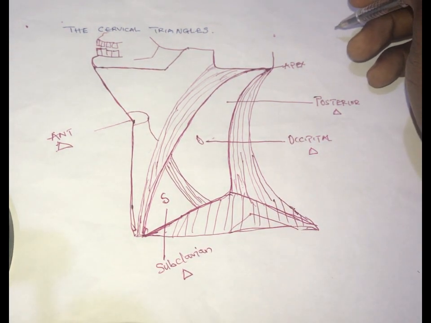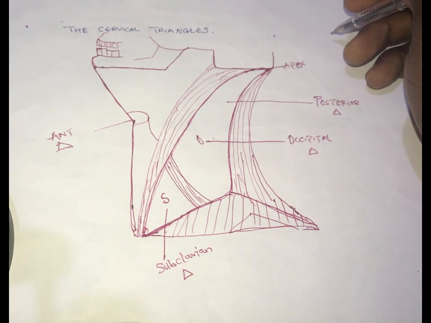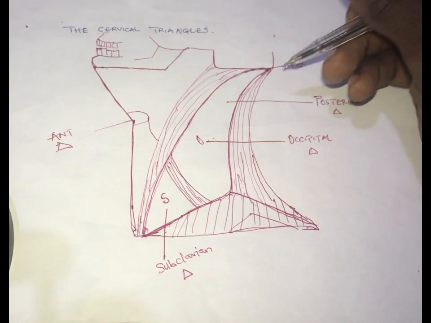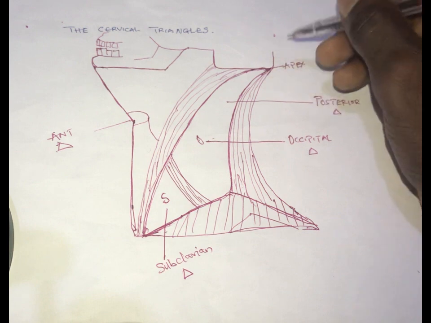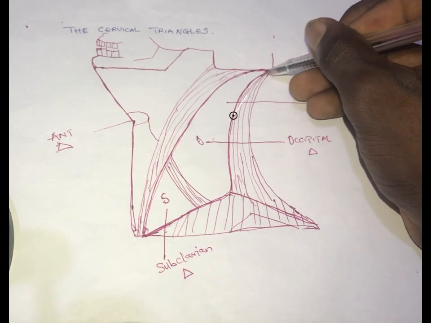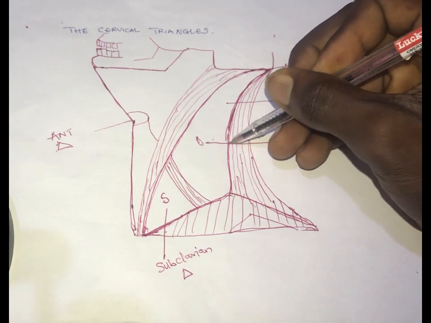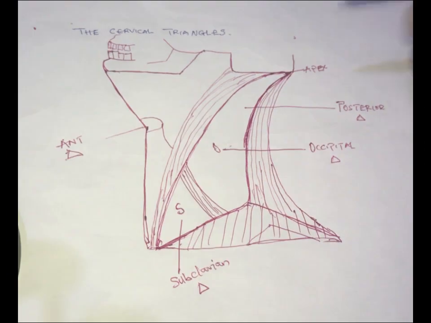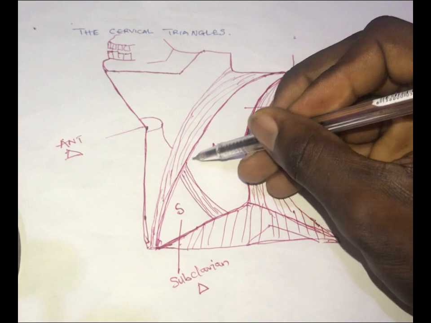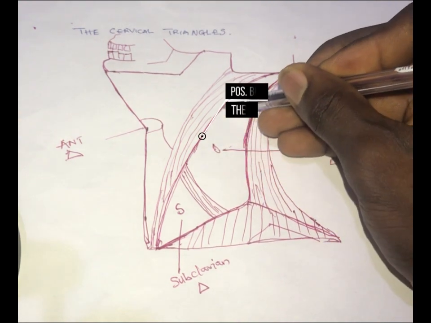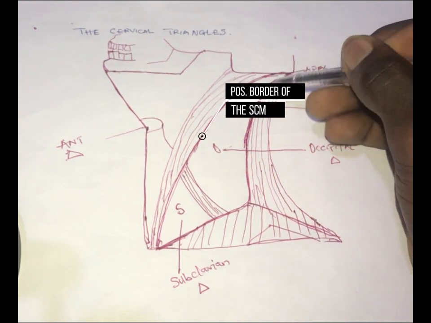So therefore, the occipital triangle is now bounded posteriorly by the anterior border of the trapezius muscle. And then anteriorly it is bounded by the posterior border of the sternocleidomastoid muscle.